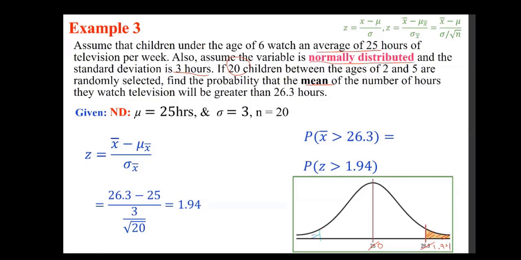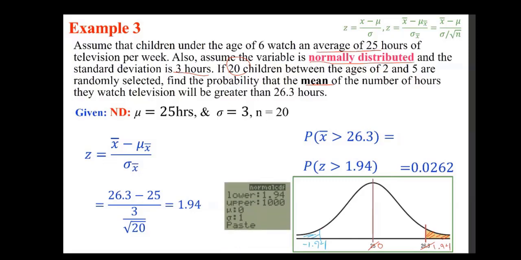This is z-score of negative 1.94. That is the fastest way. And that's 0.0262. So the probability that the mean of the number of hours they watch will be greater than 26.3 hours is about 2.62%.